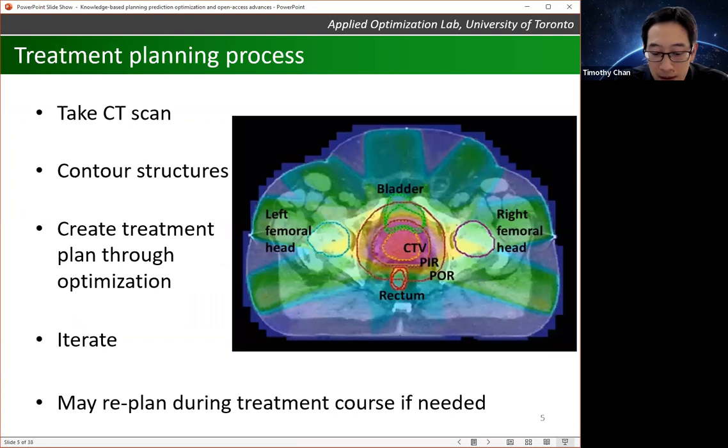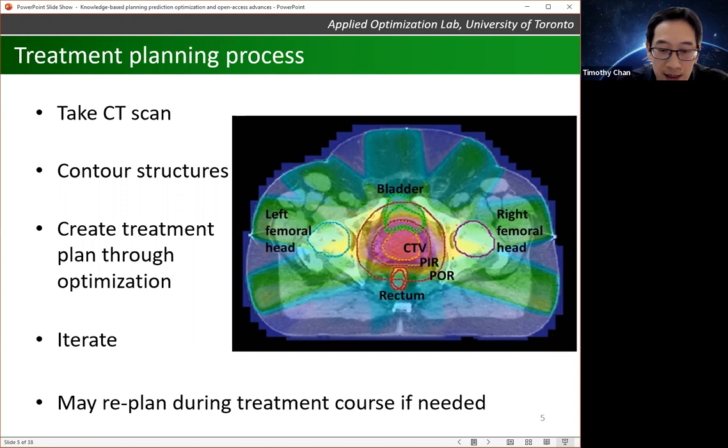So the focus of our work is really around how we design or optimize these types of treatments, okay? To understand that, we need to understand a little bit about what the planning process is. So at a high level, the process to create a radiation treatment would be that we take CT images of the patient.